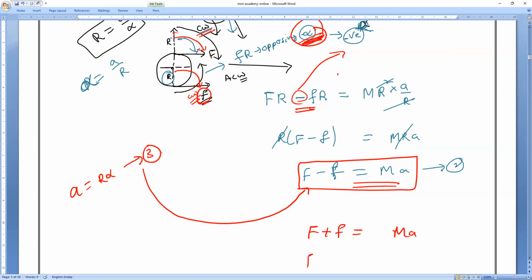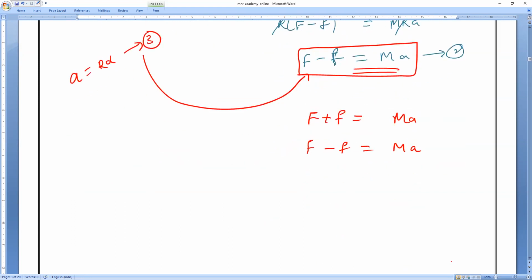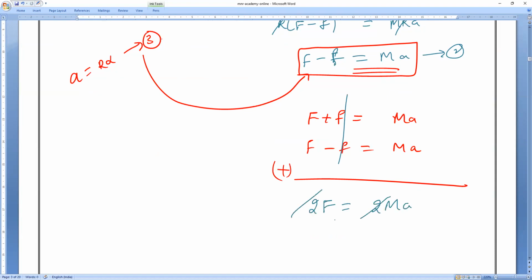The next equation is F minus f is equal to MA. Now add both equations. F and f will get cancelled, so 2F is equal to 2MA, and the 2 will get cancelled. F is equal to MA, and A is equal to F by M.